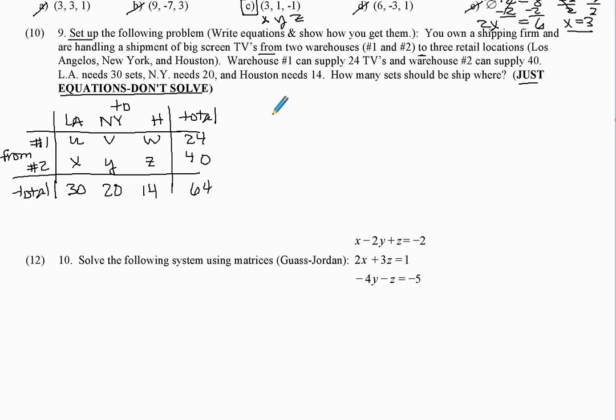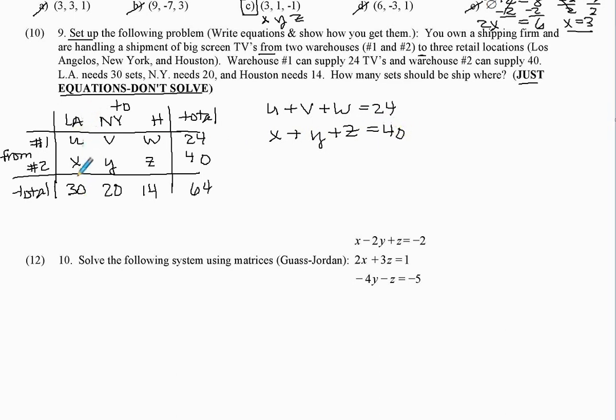So then what are our equations? Well, across the rows and down the columns. So we get U plus V plus W is equal to 24. That's the supply from number 1. X plus Y plus Z is equal to 40. That's the supply from number 2.